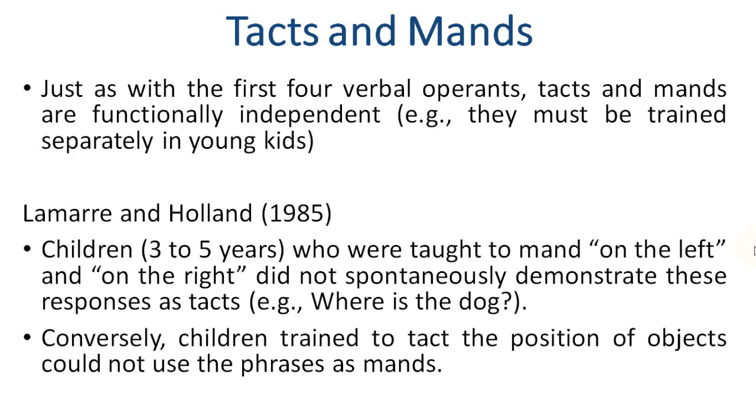And later, the same children were not necessarily able to describe or say where the objects were, on the left or on the right. So even though they learned mands with respect to left and right, they were not able to tact this. And children who were trained to tact the position of objects were not able to use this as mands to request that an object be placed to the right side or left.